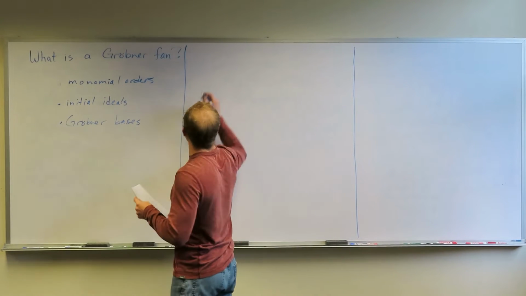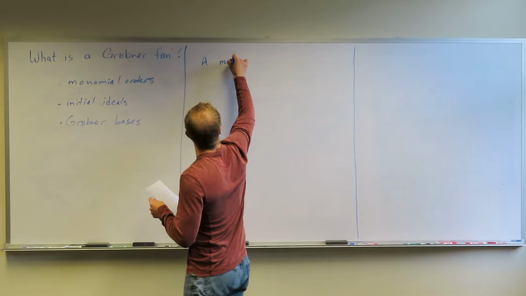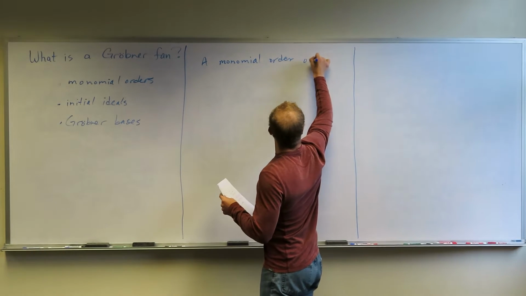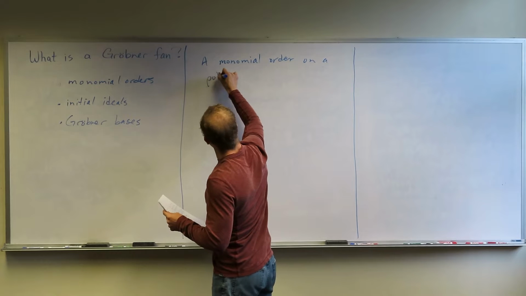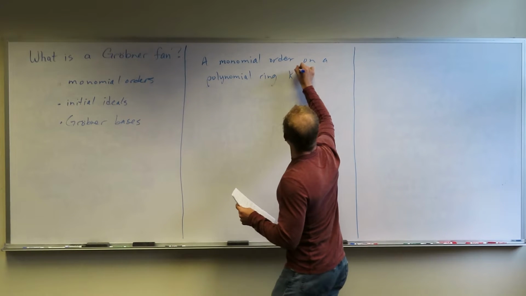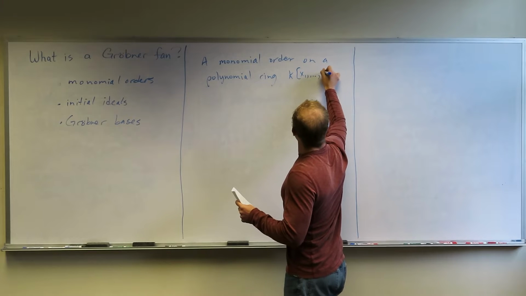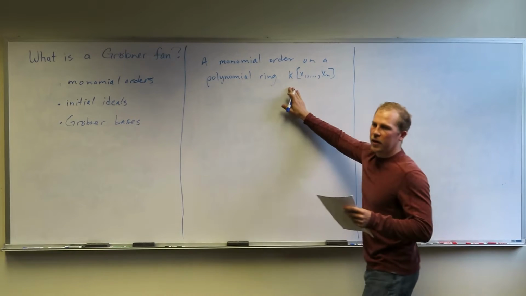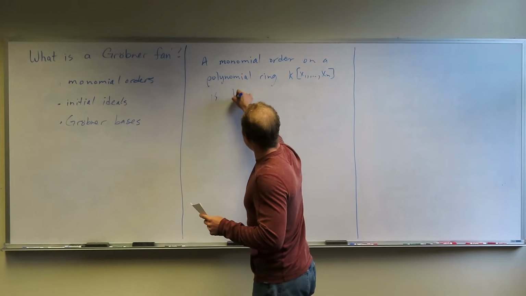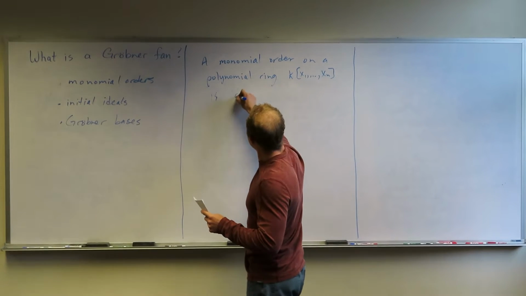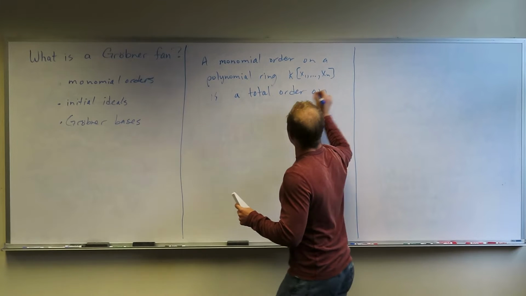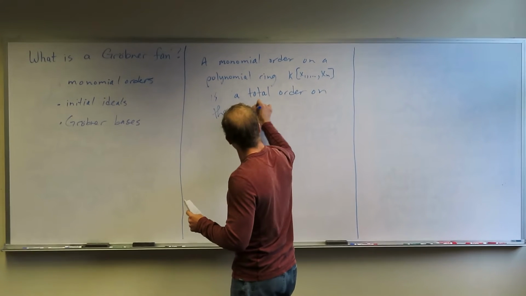So, let's start with the monomial order. So a monomial order on a polynomial ring, and here I just want K to be a field. I don't care which one. This is a total order on the set of monomials.